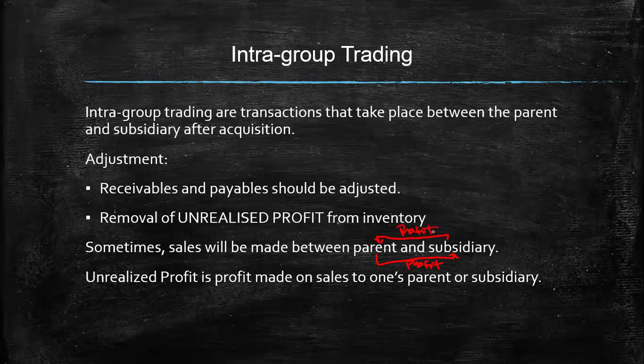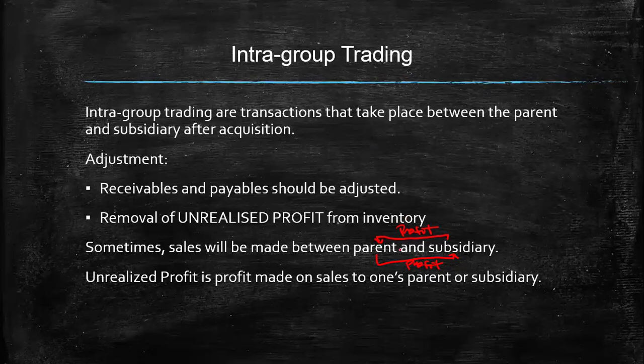on these goods sold. This profit is known as unrealized profit, because from the consolidation point of view, this is not actual profit. This is like taking money out of your right pocket and putting it in your left pocket and saying that you have made a sale. From the consolidation point of view, parent and subsidiary are the same company.